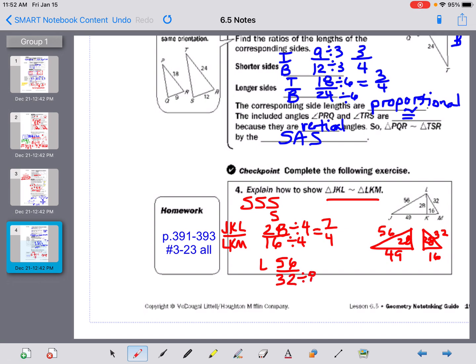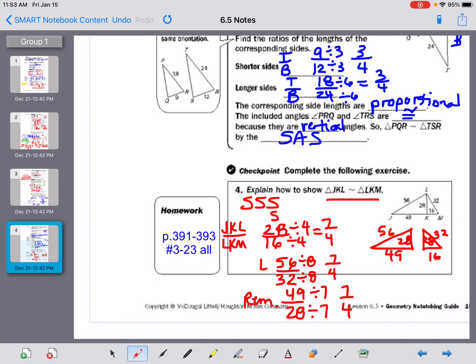Divide by 8, and I get 7 over 4. So far, so good. All right, my remaining side. The remaining side on the left is 49, and the remaining side on the right is 28. Let's divide those by 7, and I get 7 over 4.